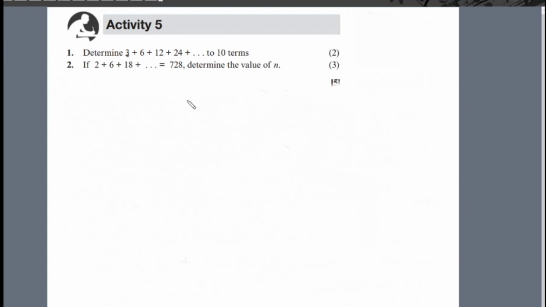Question 2: if 2 plus 6 plus 18 and so on is equal to 728, determine the value of n. So basinikele Sn lapha. Sn is equal to 728, right? And then bafuna ukwazi ukuthi n kubani.